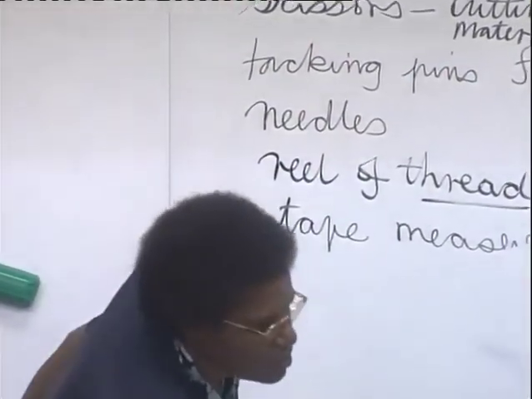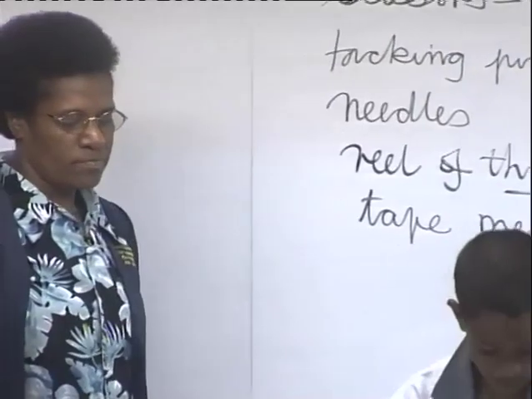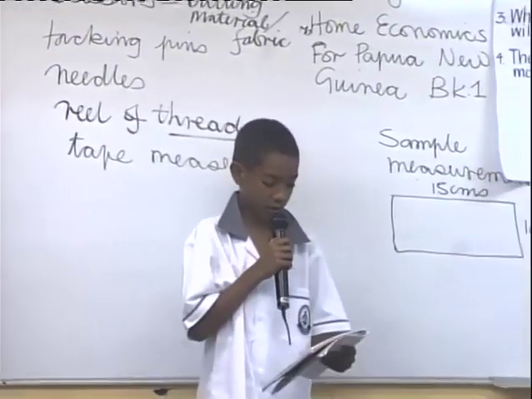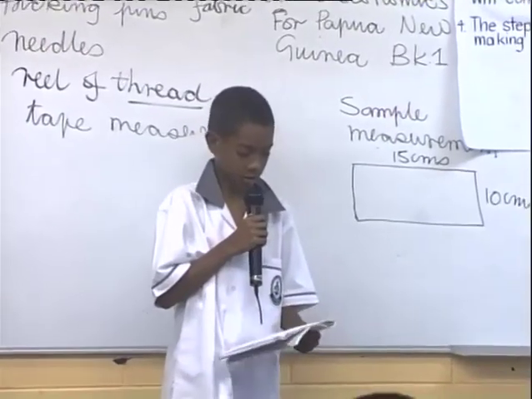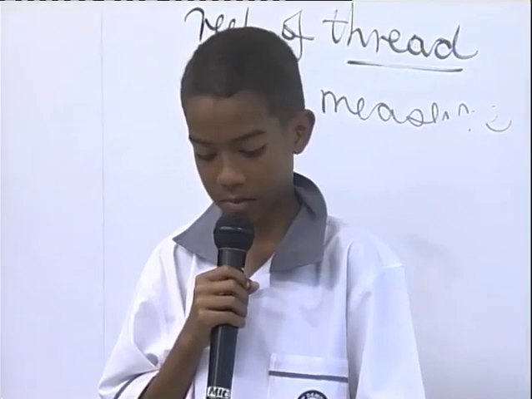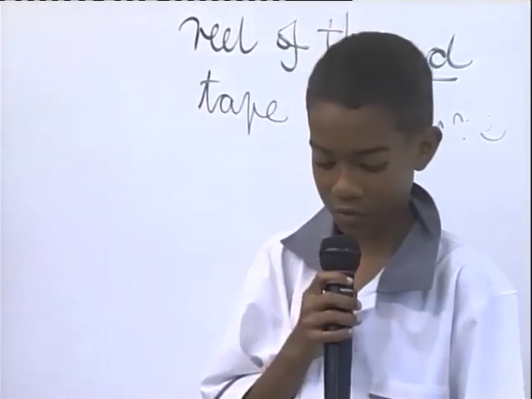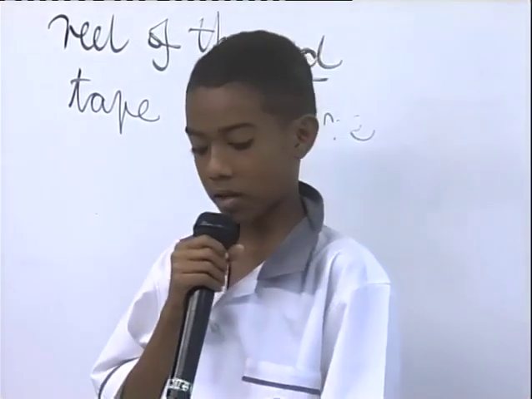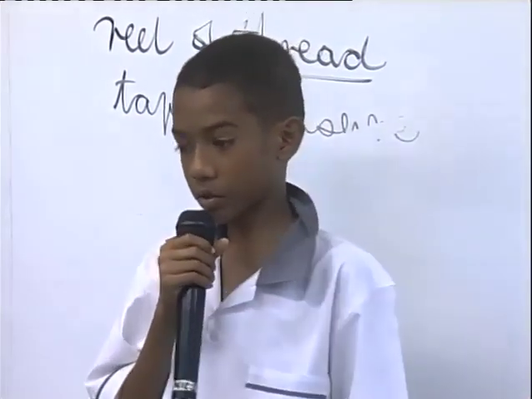You can read from that one. The use for a needle is stitching. The use for a pins is marks the material. Use for a thread is holds the materials. Use for a tape measure, measuring materials. Very good. Thank you.